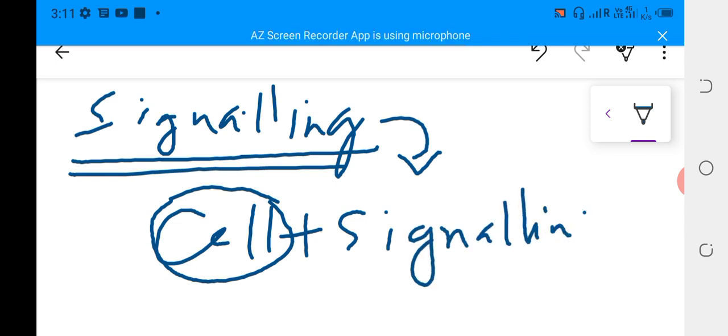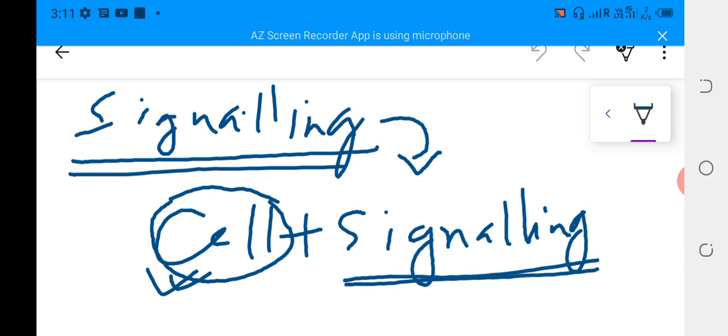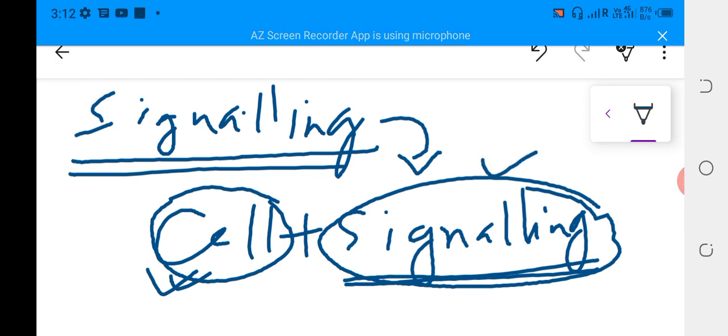If there is a word cell, it means that you are talking about the cells. But if there is a word signaling, this gives you a great hint that there is some kind of signal that is being produced within the cell.